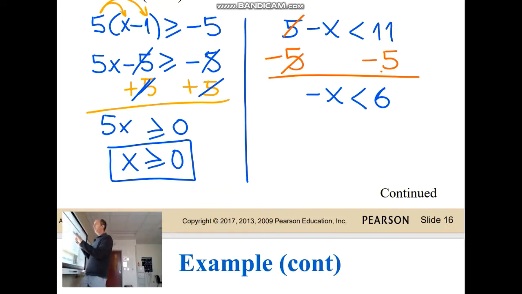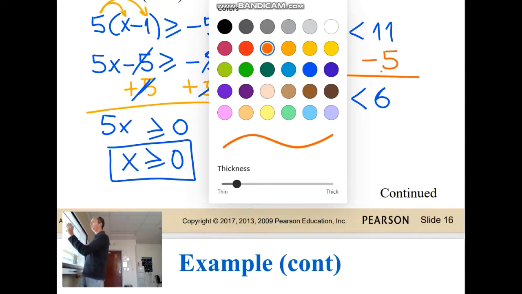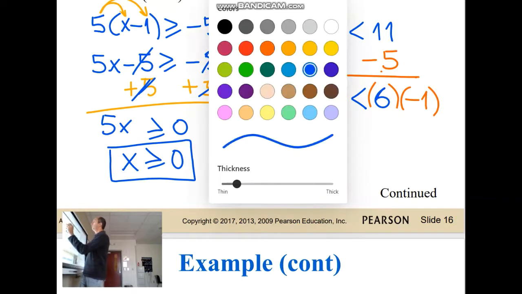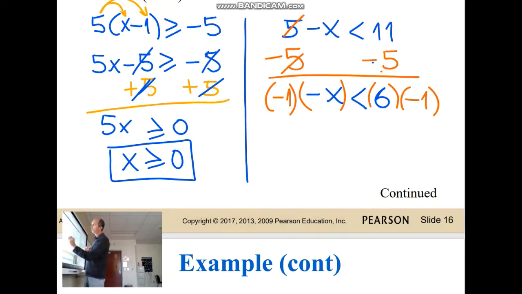We can multiply both sides by negative 1. Remember, just remember, always, when you multiply by a negative number or when you divide by a negative number, you have to flip the inequality. So as a result, you're going to have positive x greater than negative 6.